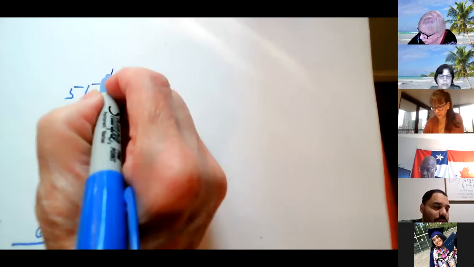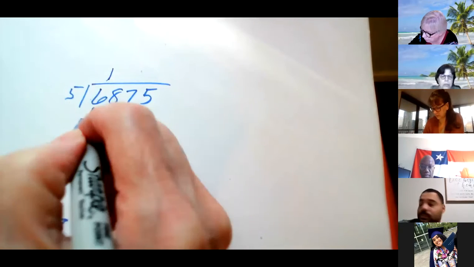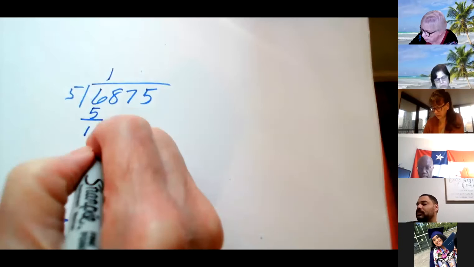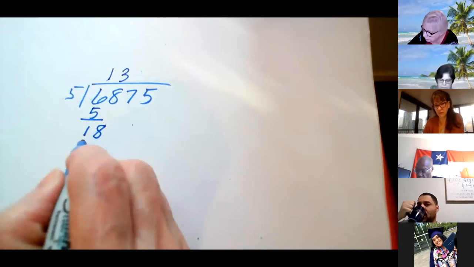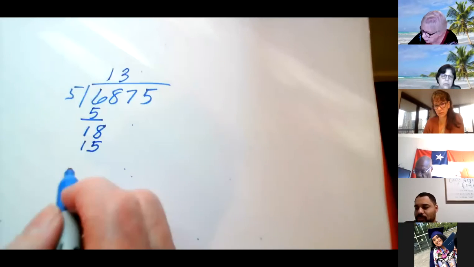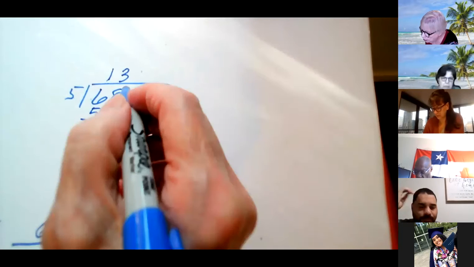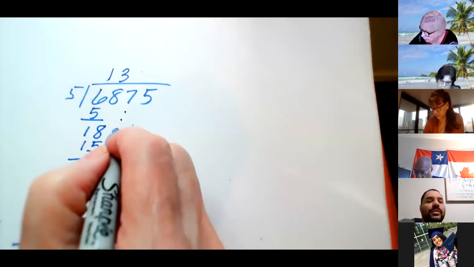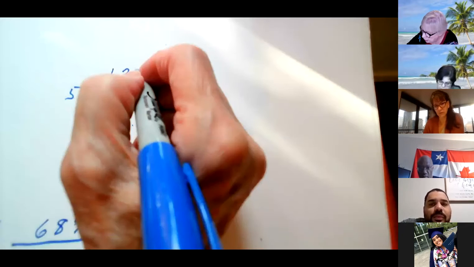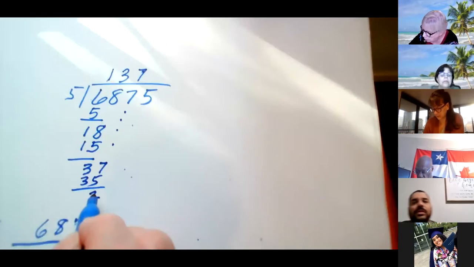So 5 into 6 is 1. Bring down the 8. 5 into 18 is 3. This is 15. Bring down the 7. 5 into 37 is 7. 35. Almost.